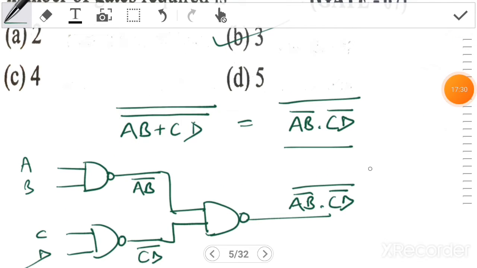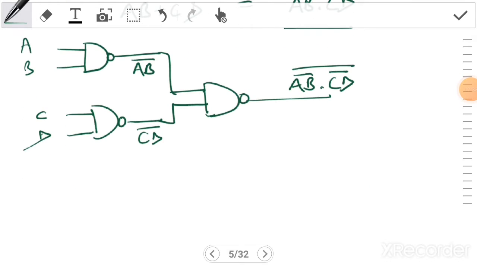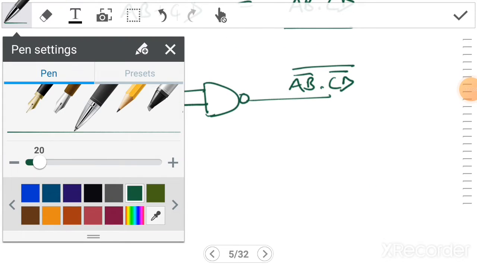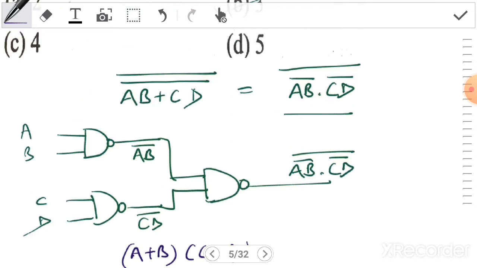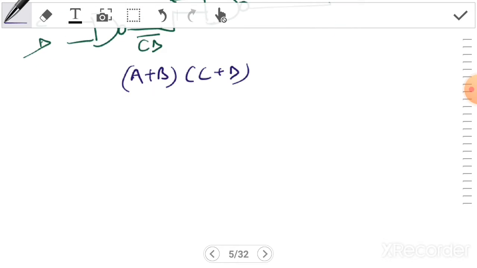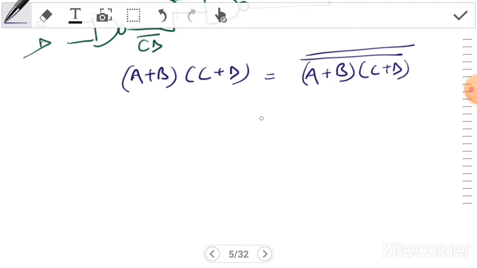Similarly, if you had to realize A plus B and C plus D using NOR gates, again you could do A plus B, C plus D, double complement, again (A plus B) complement plus (C plus D) complement, whole complement.